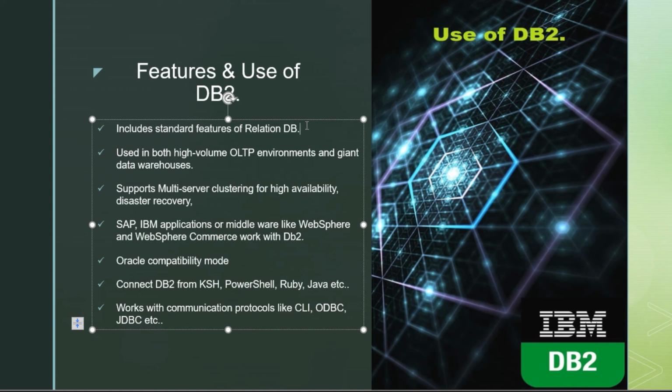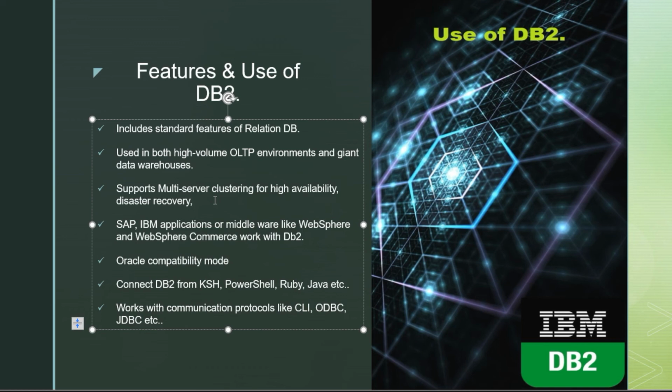It supports both operational and analytic workloads. The in-memory computing of DB2 is a good feature for high performance and scalability to meet complex business requirements. DB2 is appropriate both for high volume OLTP environments and giant data warehouses and analytics environments, depending on how you implement it.